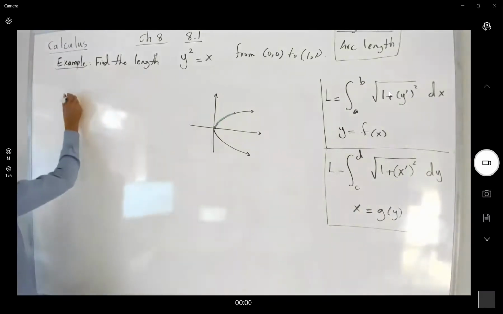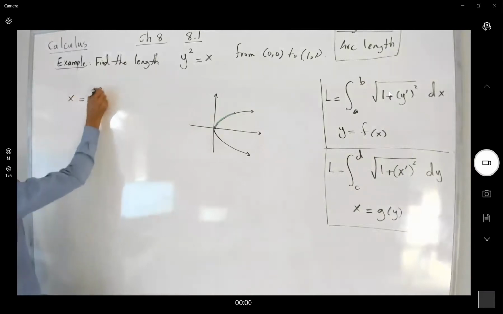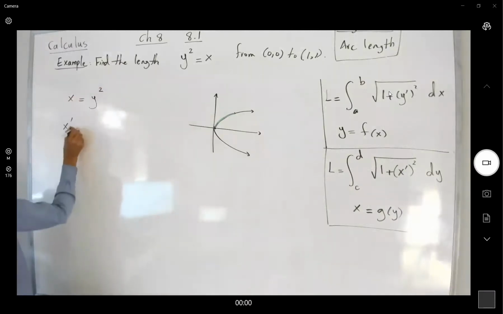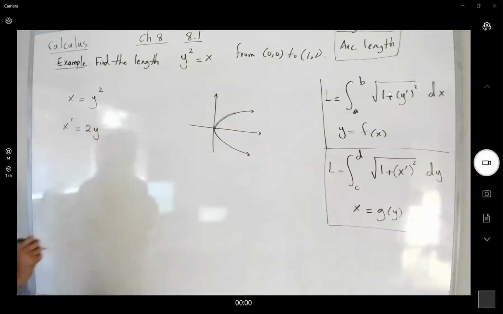So x is equal to y squared, x prime is 2y.